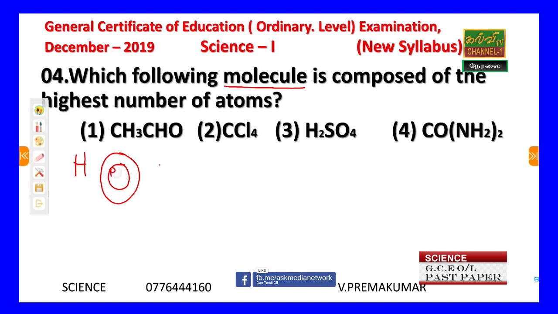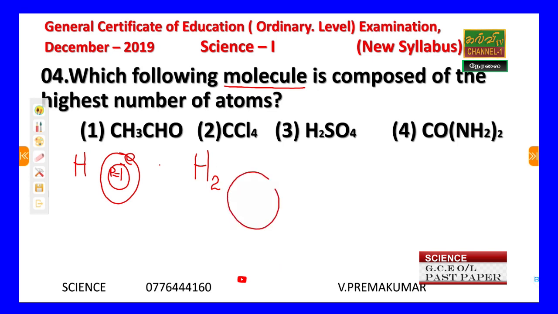The number of protons is 1, and there is also 1 electron, so 1 electron in the first orbit and 1 proton inside the nucleus. That is hydrogen. So hydrogen gas, H2 gas, means there are 2 hydrogen atoms.